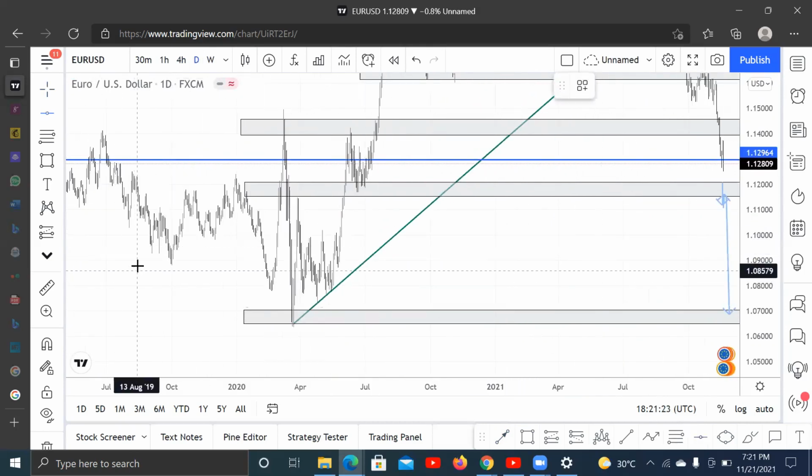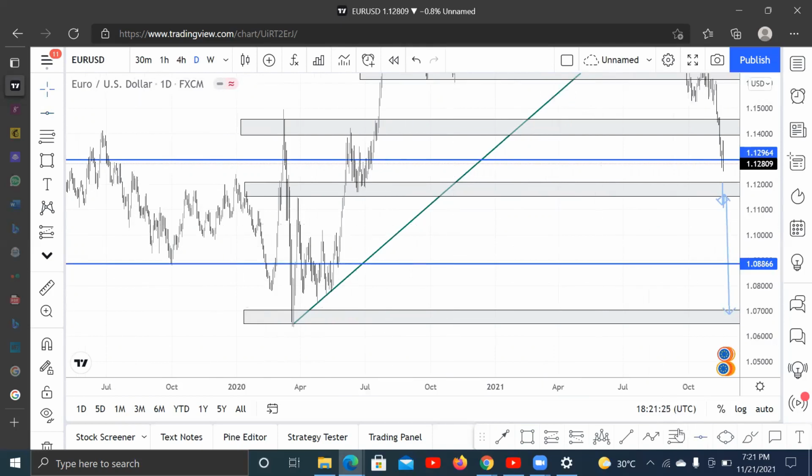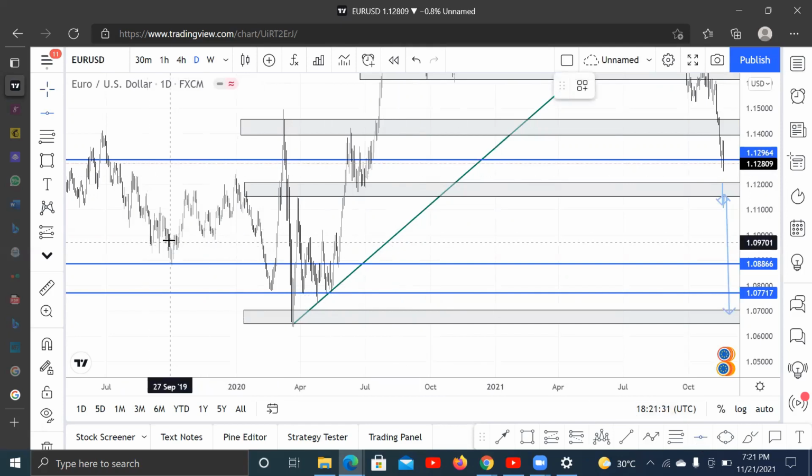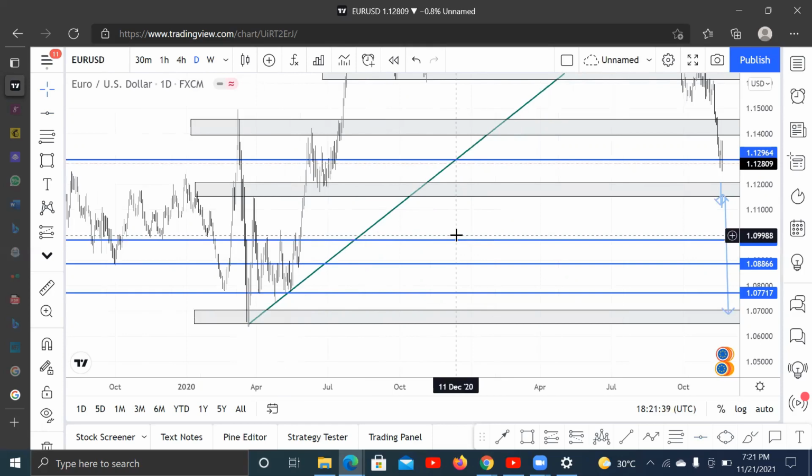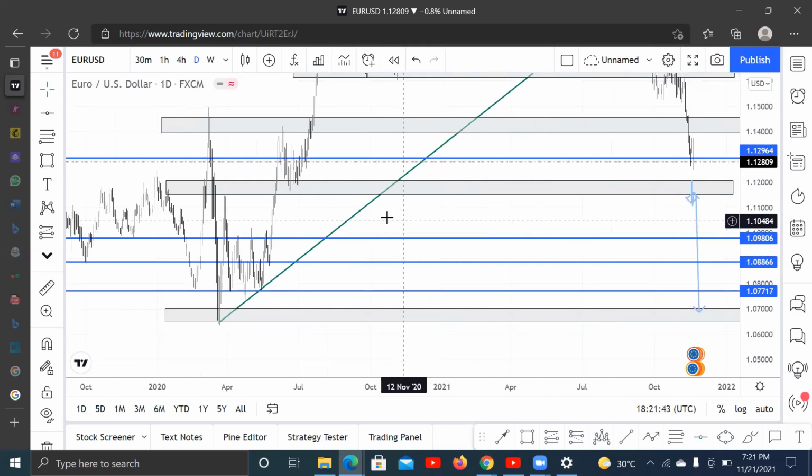You can see there is this level here to take note of. There is also this level here, and this level here. These are areas that price could potentially move to or reverse off. Do you get?